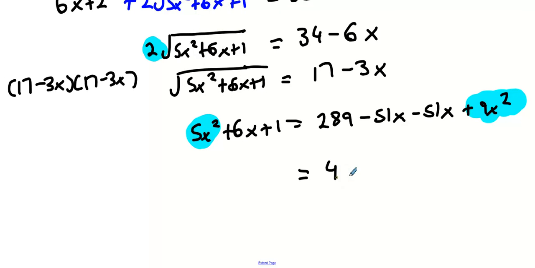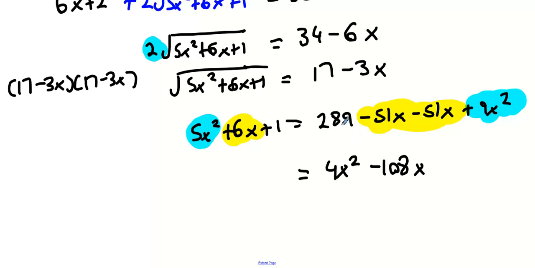So that's 4x squared. The next thing we're looking at is that this here is minus 102x. Everybody cool with that? But then when we bring the 6x over the other side, it's going to be minus 108x. The 6x goes over and turns into a minus. Excellent.